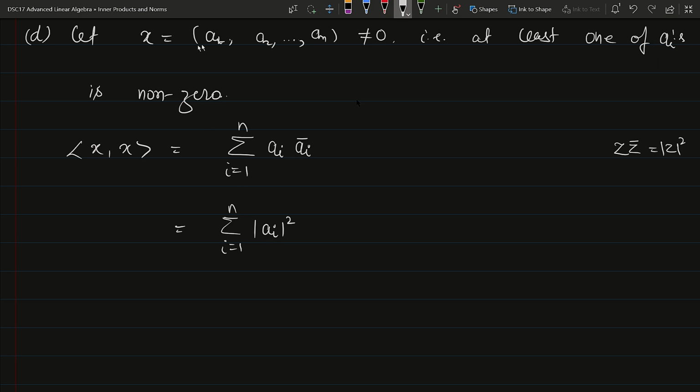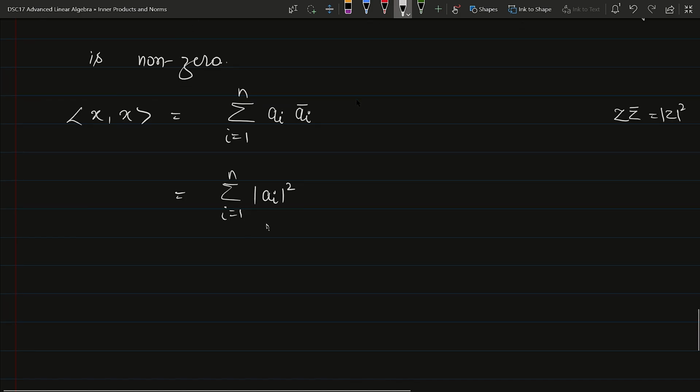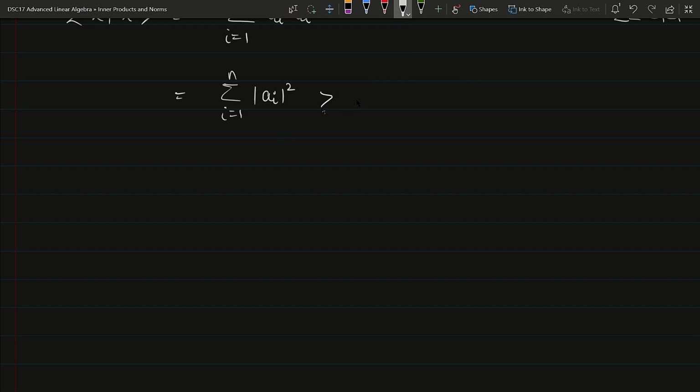Now you can see at least one of these ai is non-zero, so that mod square will be strictly greater than zero. Now it may be that all the others are zero, but we have one non-zero, and even in that case, because of that non-zero value this particular number will give us a positive value. So I can say this is greater than zero. Okay, so you can write that if x is not equal to 0, then x comma x is strictly greater than 0. Okay, so let me write this as 5.